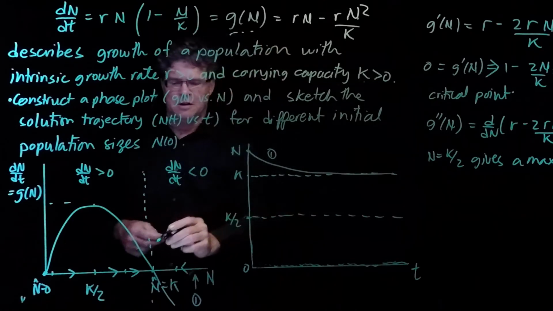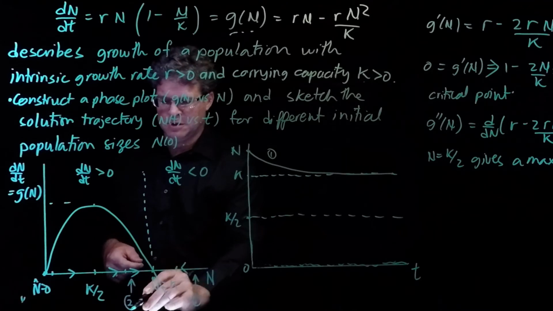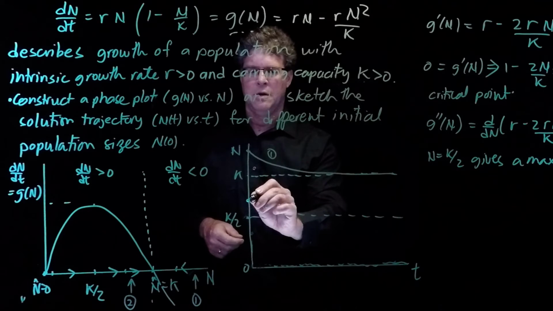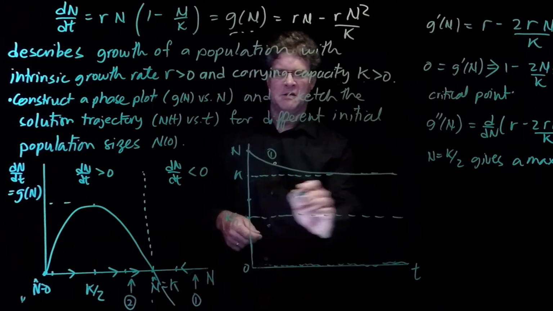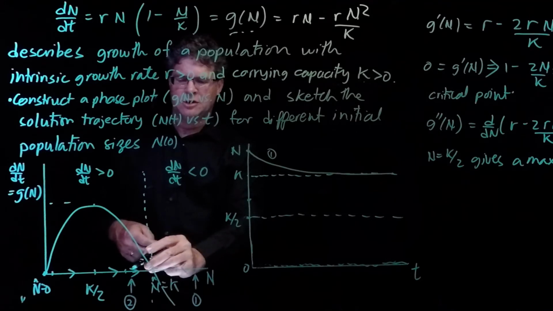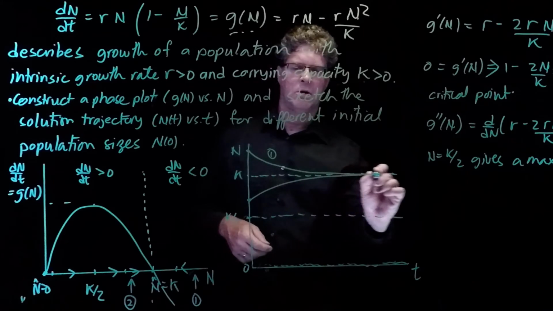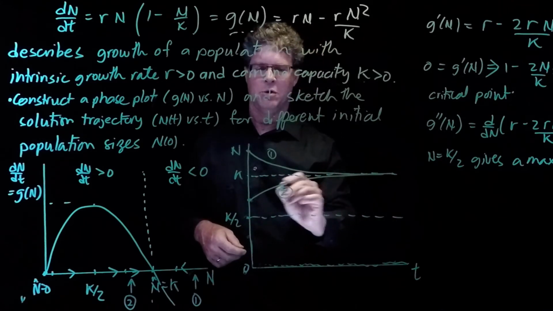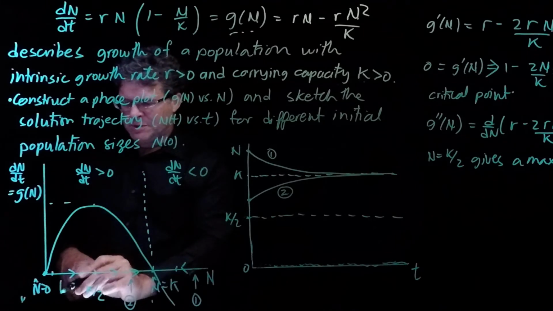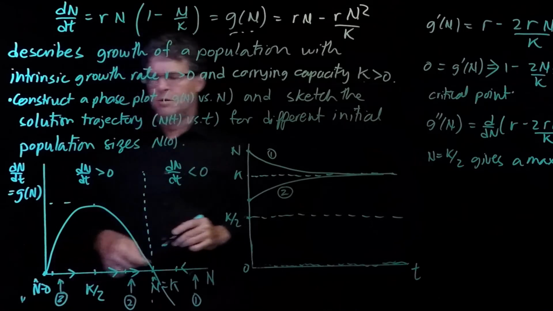Let's start just to the left of the carrying capacity for our second initial condition. And here, our population will start on this axis just below K, and it's going to move to the right, and so the population is increasing until it gets to K. And so the curve will look like this. So that's number 2. Number 3, let's consider a population that starts just above 0.